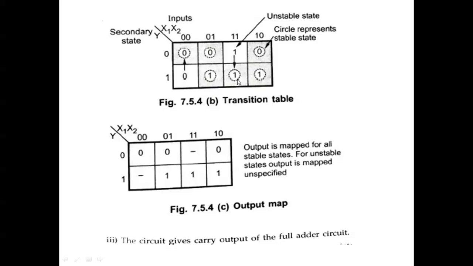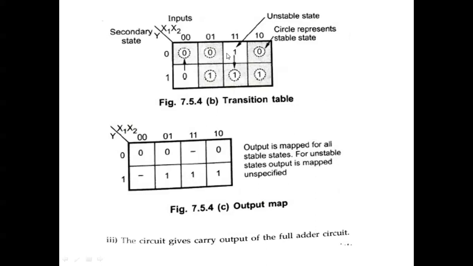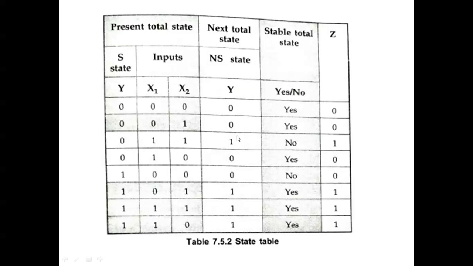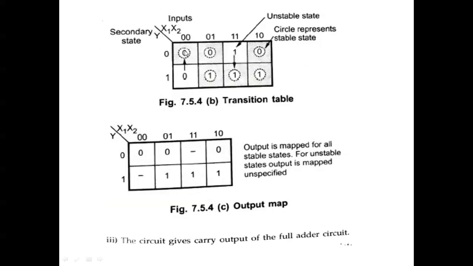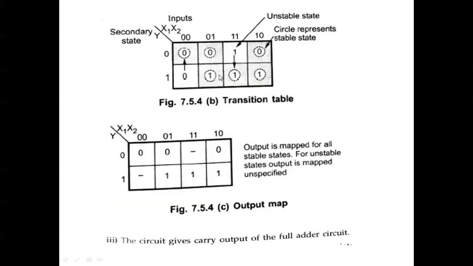So like that, they will get the values 0 0 1 0, then 0 1 1, 0 1 1, they write. So here for the stable state, where it is the input state, the same value is there, you have to circle it. So this is the transition table.